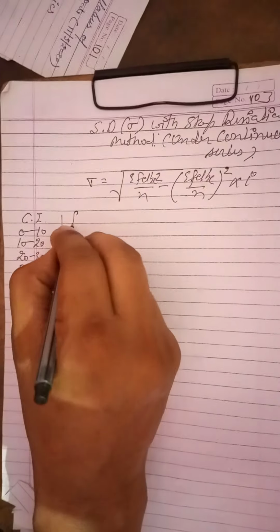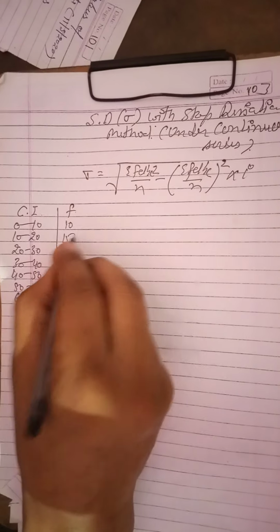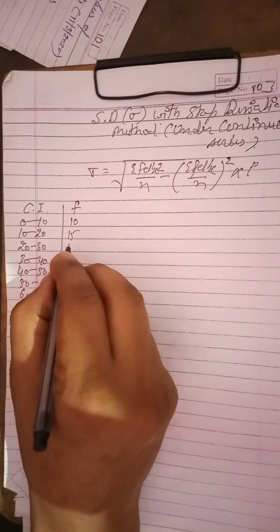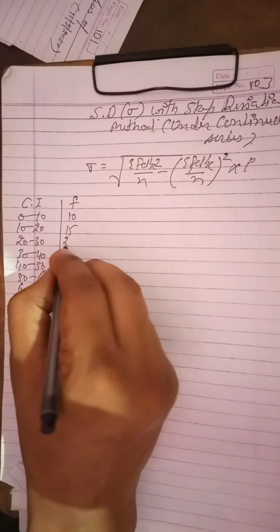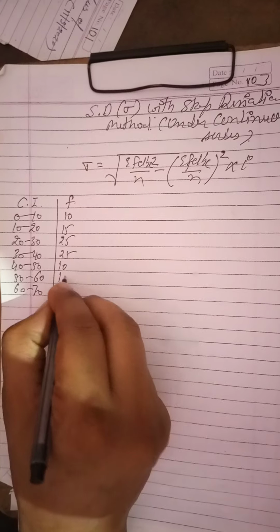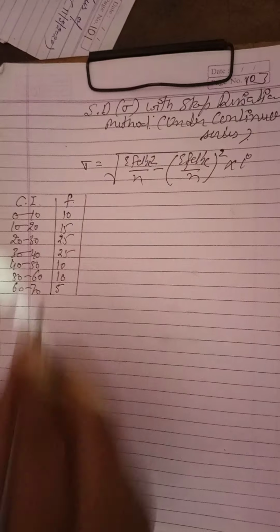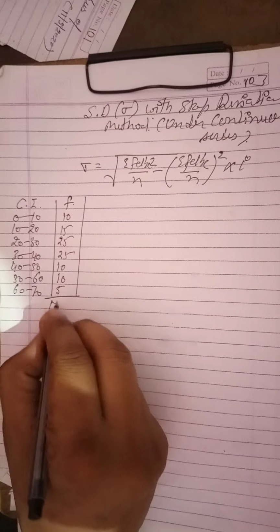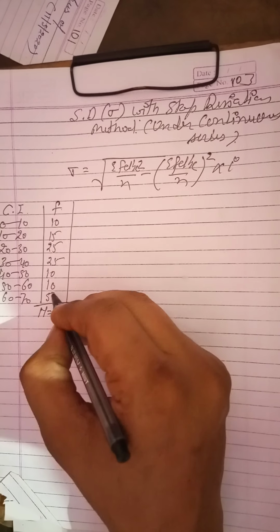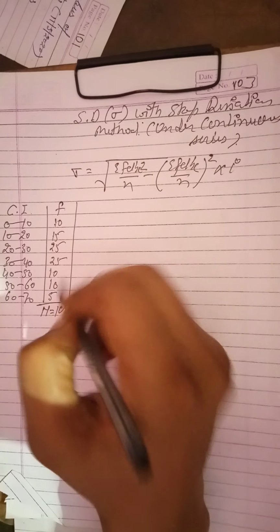That's your frequency: 5, 10, 15, 25, 25, 10, 10, 5. Clear, beta? So first of all, the sum of frequency, n, is equal to 100.